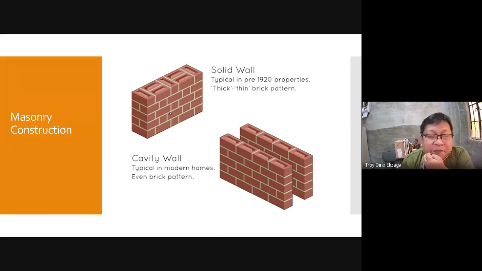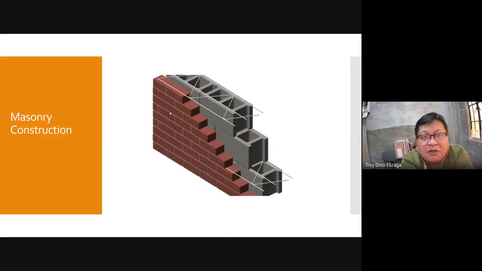Now in the modern setting, the masonry wall is now made into a composite construction. So I forgot to place here the word composite. It's very expensive to have that cavity wall construction, and it's not easy to look for rubble stones.